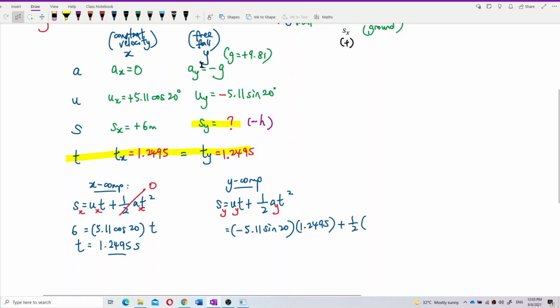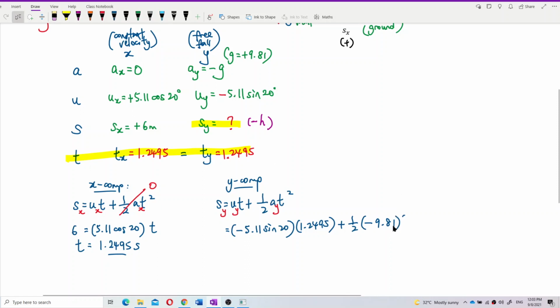A is negative g. A also has a negative value. Acceleration, so negative. g is just a positive 9.81. It's a positive value only. So 9.81. This negative comes from a, not from g.